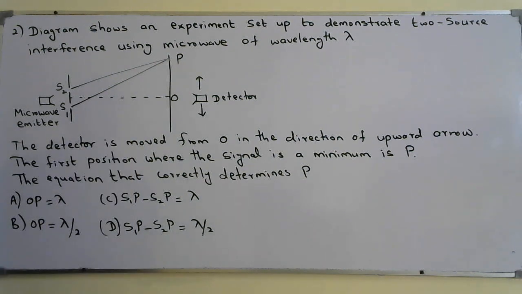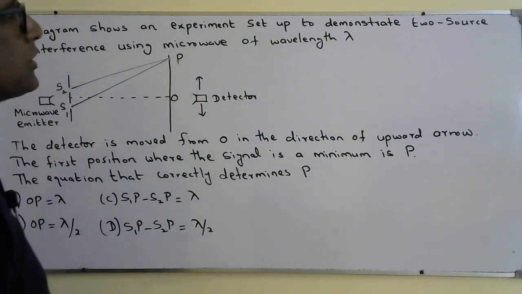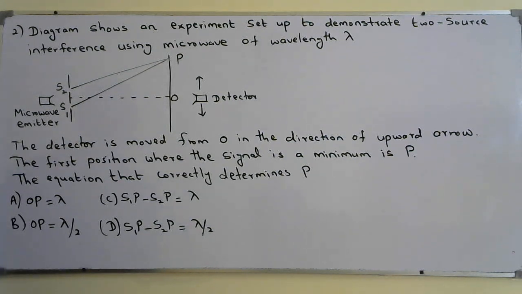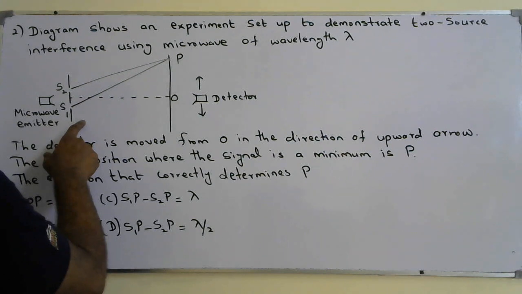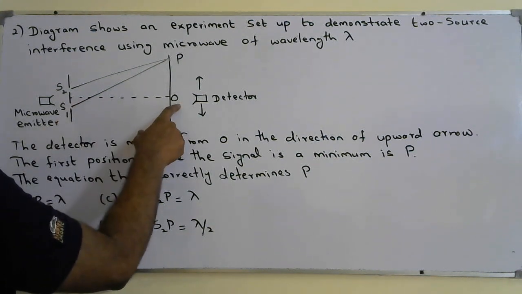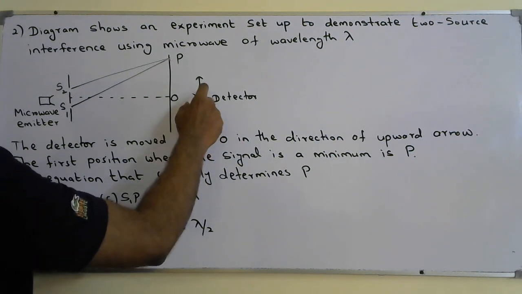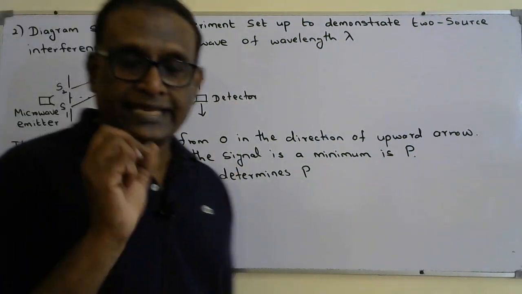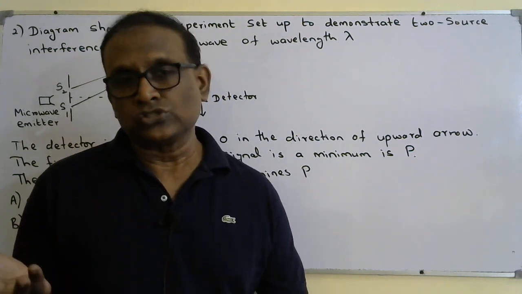Okay, this is the second question. The diagram shows an experiment set up to demonstrate two source interference using microwaves of wavelength lambda. This is a microwave source, and they are using a double slit. O is the central maximum. They are using a microwave detector. Whenever it detects high intensity microwaves, that is constructive superposition, and the detector will show a maximum reading.